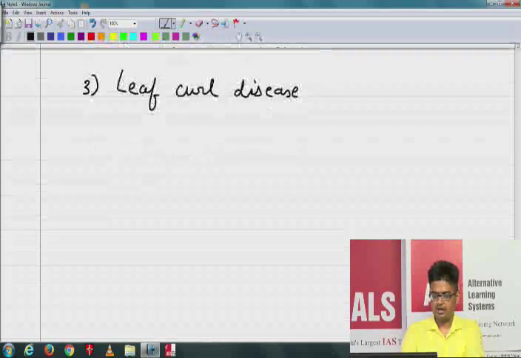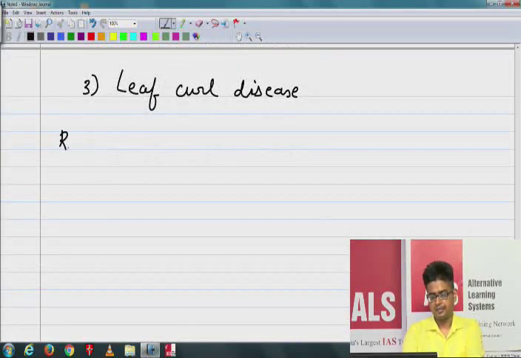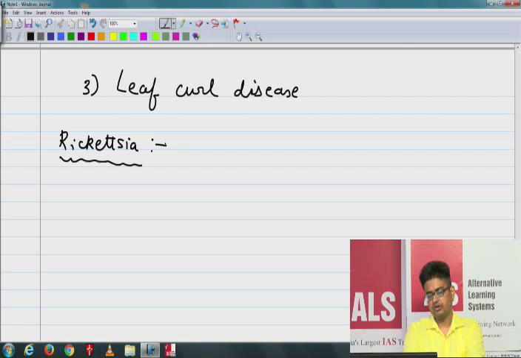Now let's give a separate heading, rickettsia. We do not need to write great detail about rickettsia. Let me tell you about rickettsia. Rickettsia is a disease caused by the rickettsia organism. It causes yellow fever or Rocky Mountain fever.